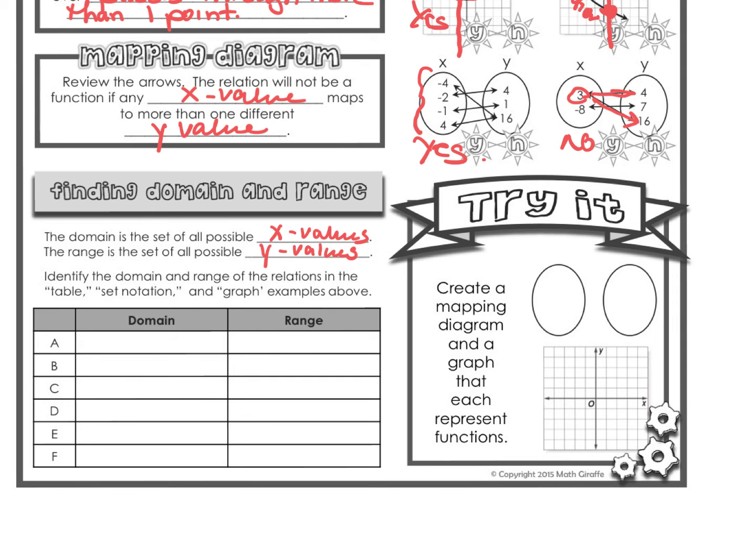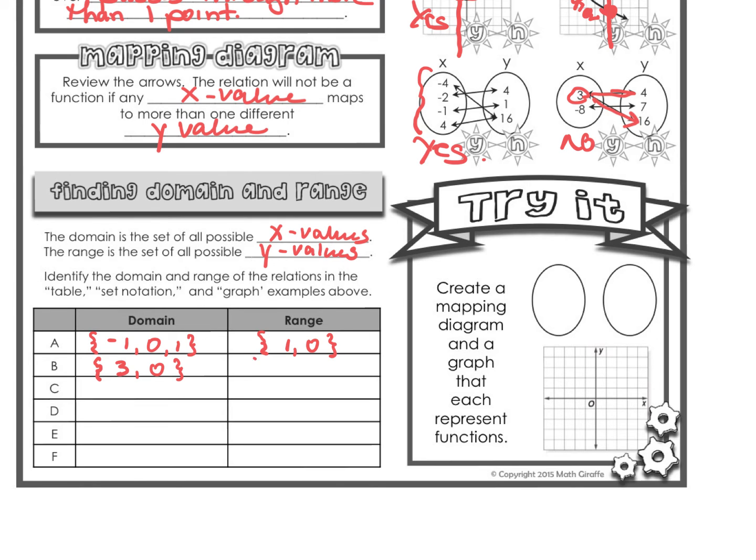So in the first one, the domain, you're going to write it like this, is -1, 0, and 1. Those are all your x's. And when it comes out of the function machine, your range is going to be 1 and 0. Those are the numbers. When you plug these in, this is what comes out. For B, your domain is 3 and 0.